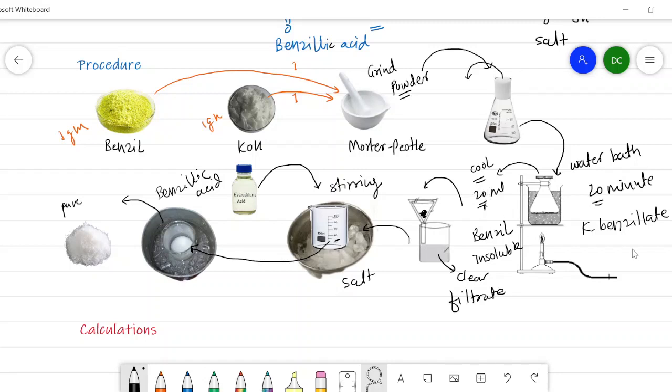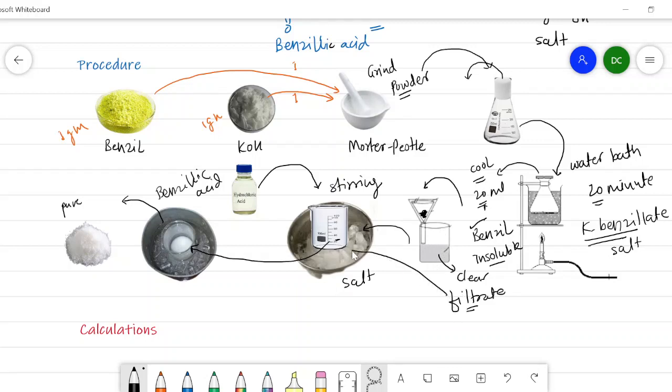In this water, the potassium benzilate, that is the salt, dissolves because salt is soluble in water, and unreacted benzil, which is insoluble in water, is filtered off, and after filtration we get a clear filtrate.